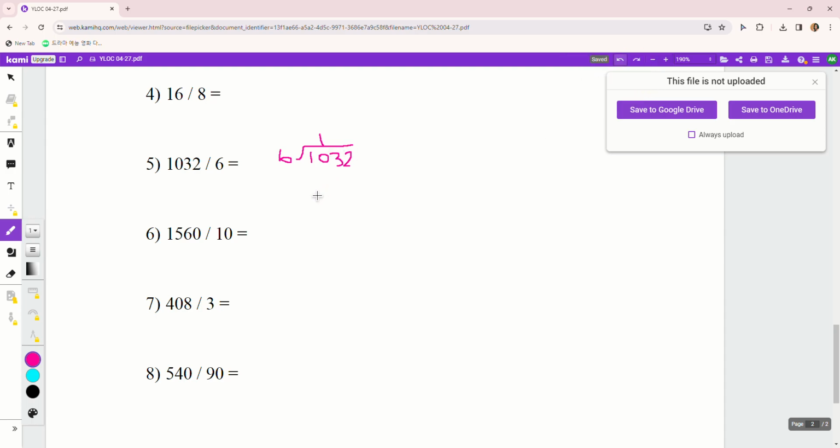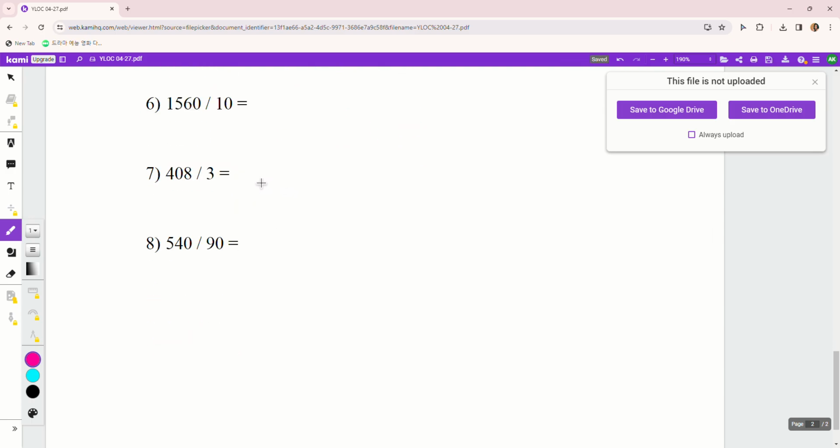So that's 43, and that can go into 6, 7 times, so that would be 7, and then it would have a remainder of 1, so it's 12, and 6 times 2 equals 12, so it's 172.